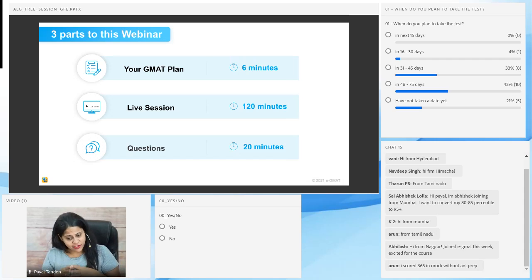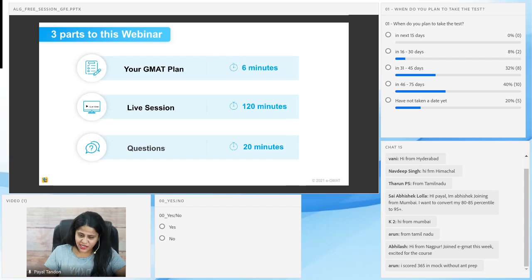Until you have a solid plan, you will not be able to execute it as a successful project. So first and foremost, we're going to go over what your GMAT plan should look like, and I'm going to give you a demo of one. And then everyone, regardless of whether you are an existing e-GMAT student or not, would be able to create that study plan. Okay. Right, so we'll talk about that.